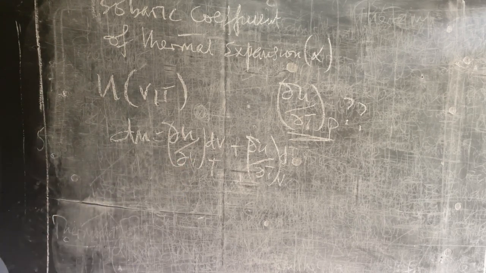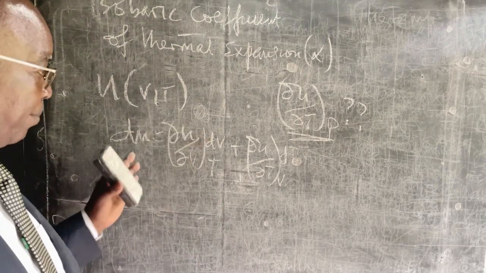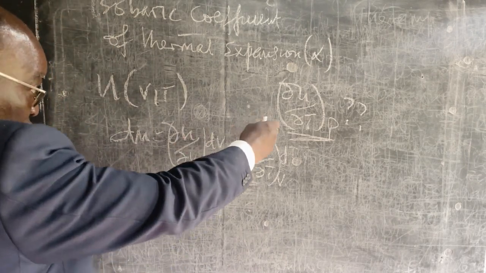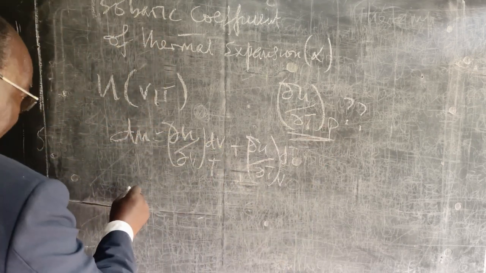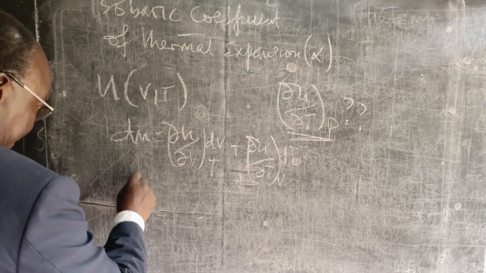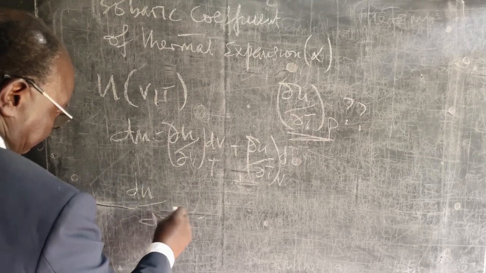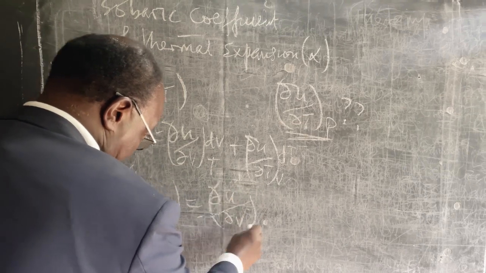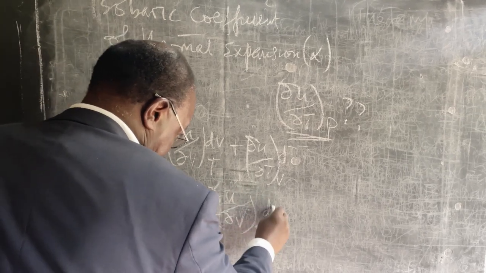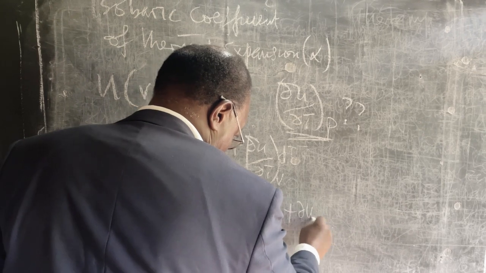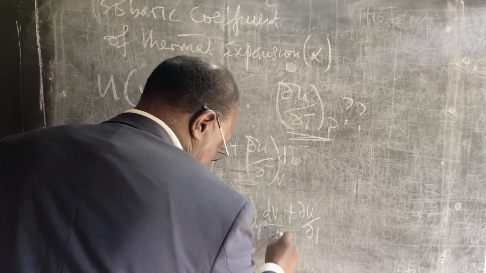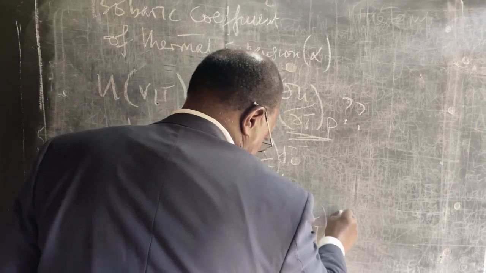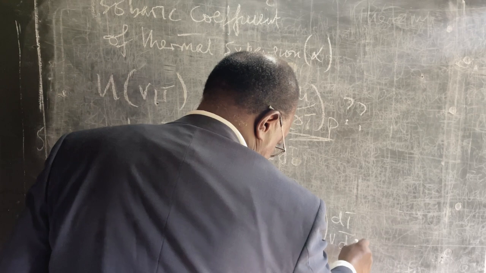So we start from the very first principles where U is a function of volume and temperature. We write the exact differential for that, so that when we want to get this coefficient del U del T at constant P, we divide throughout by dT, so that you have dU over dT equals del U del V at constant T dV plus del U del T at constant V dT divided by dT.